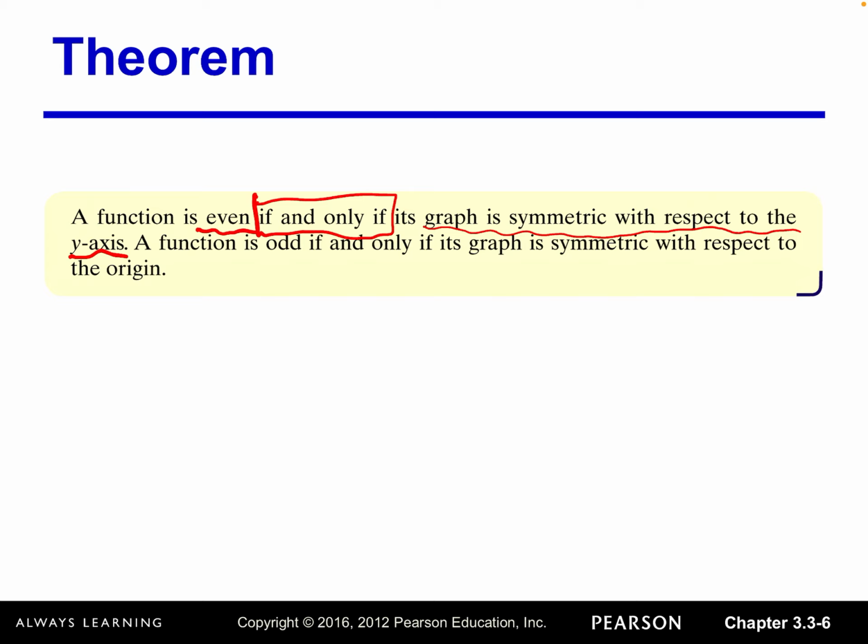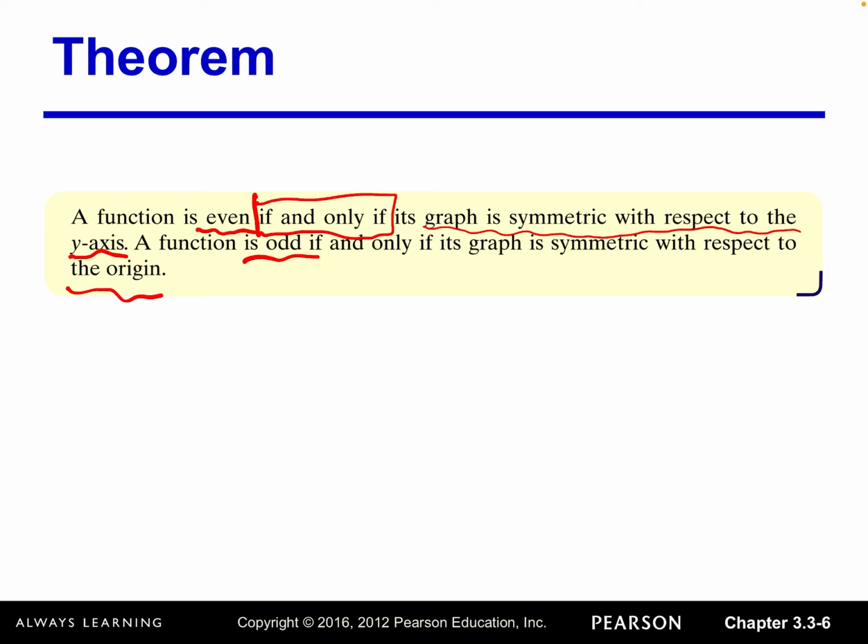That means if a function is even, then the graph must be symmetric with respect to the y-axis. And at the same time, if a graph is symmetric with respect to the y-axis, the function must be even. And similarly, a function is odd if and only if its graph is symmetric with respect to the origin.